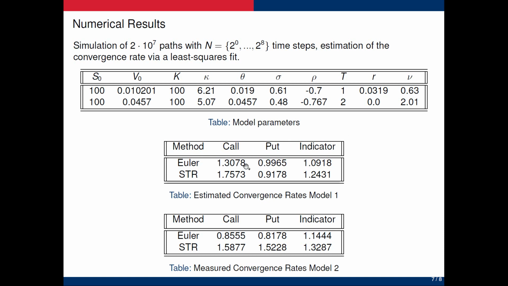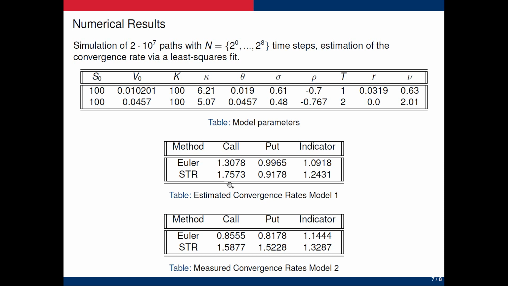Here, it's around 1.3, despite the low Feller index of only 0.63. For the semi-trapezoidal discretization, the weak error order is surprisingly high for the call, around 1.7, and around 1 for put and indicator. The results for Model 1 indicate that our theorems could hold for weaker assumptions.